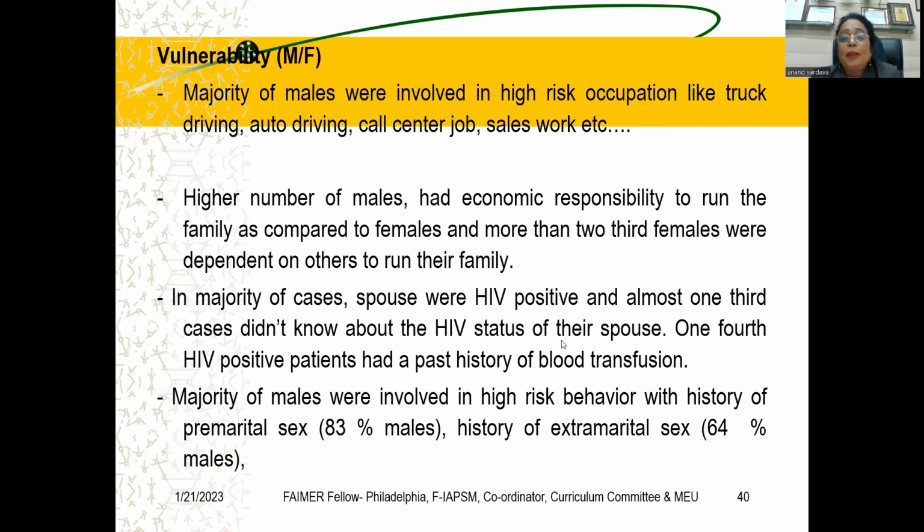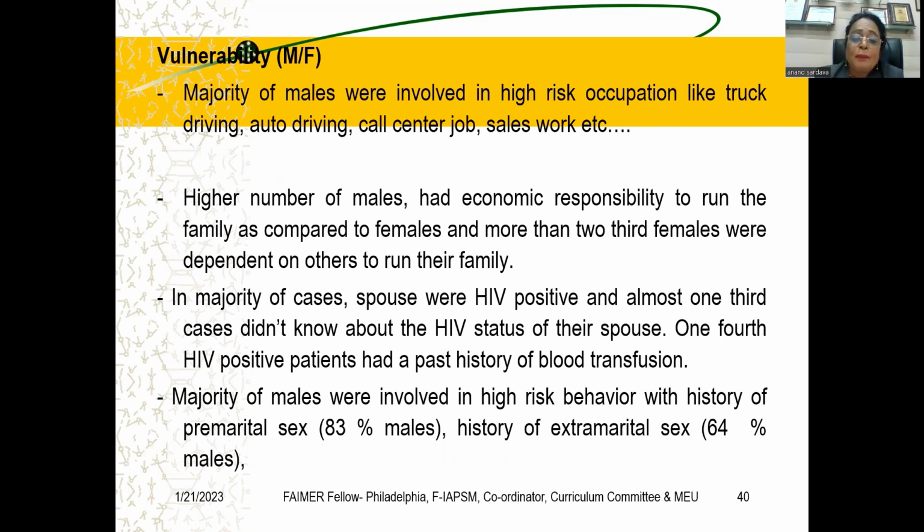Vulnerability. The majority of the males were involved in high risk occupations like truck driving, auto driving, call centers, and sales work. A higher number of males had economic responsibility to run the family as compared to females, and more than two-thirds of females were dependent on others' income to run their family. In the majority of cases, spouses were HIV positive, and almost one-third did not know about their HIV status.